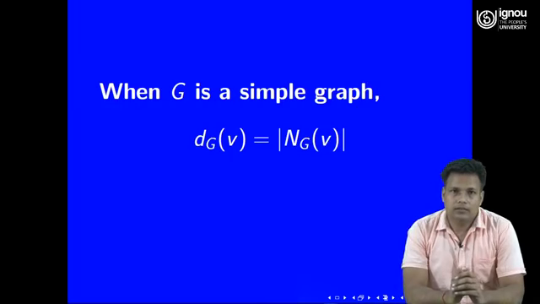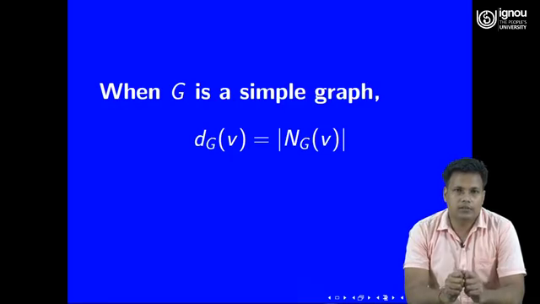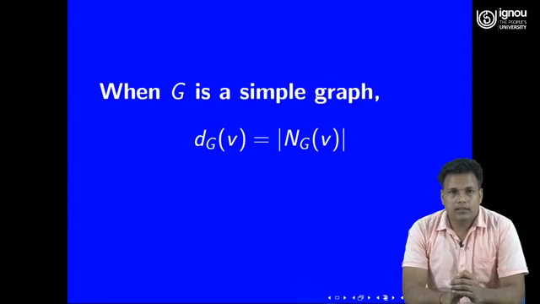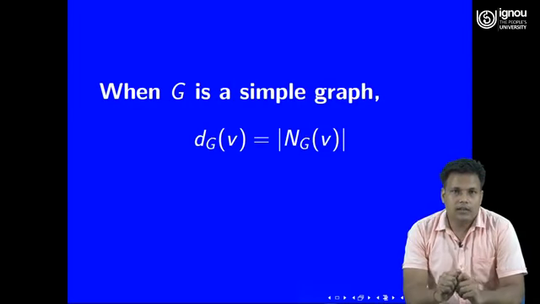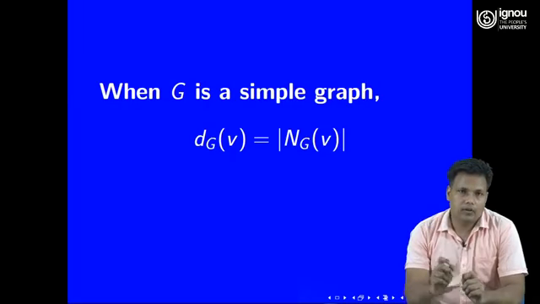And when G is a simple graph, in that case the degree of a vertex is nothing but the cardinality of its neighborhood. That means the number of neighbors, because in that case there is exactly one edge incident on v for each neighbor.